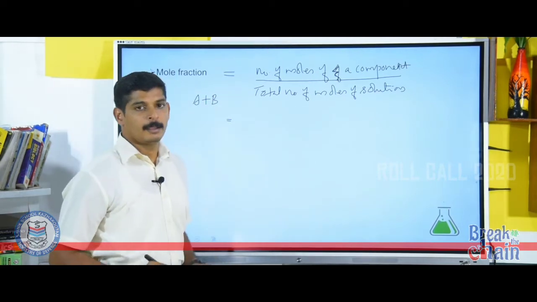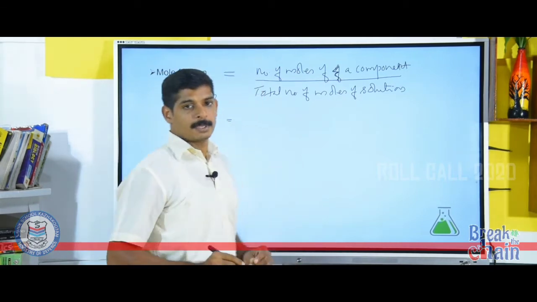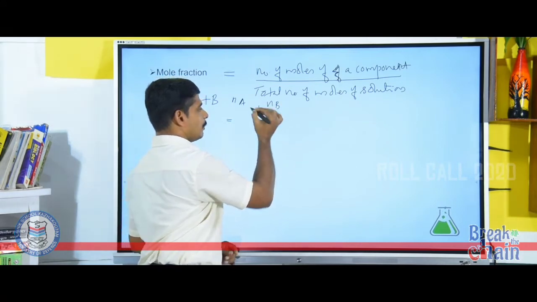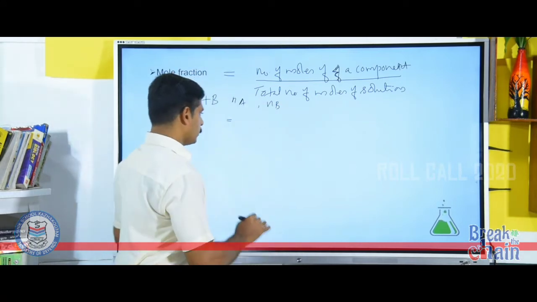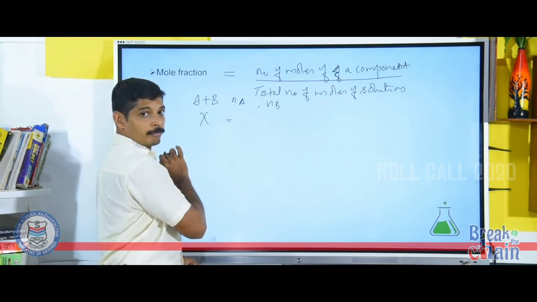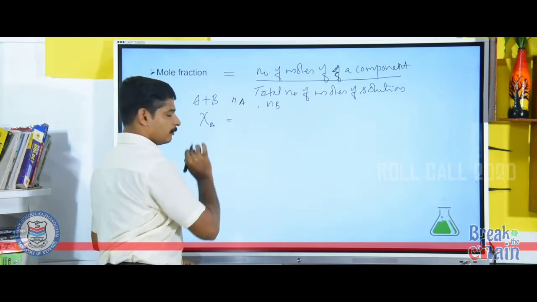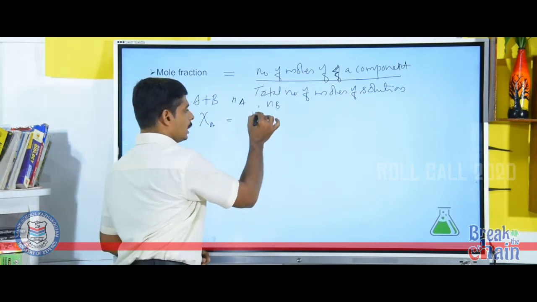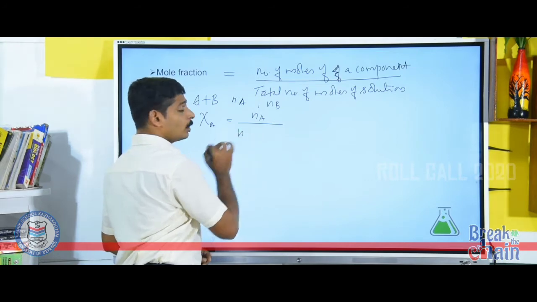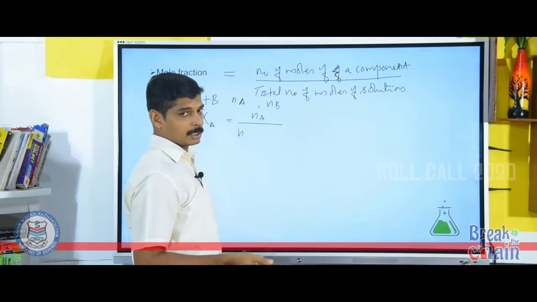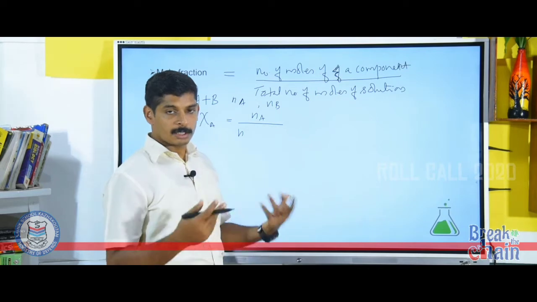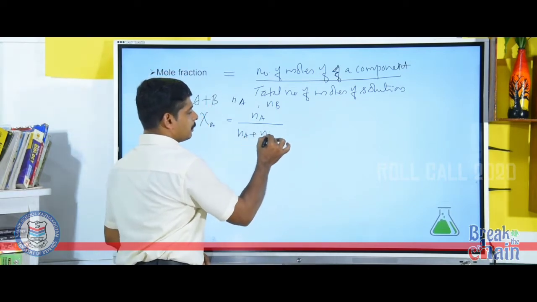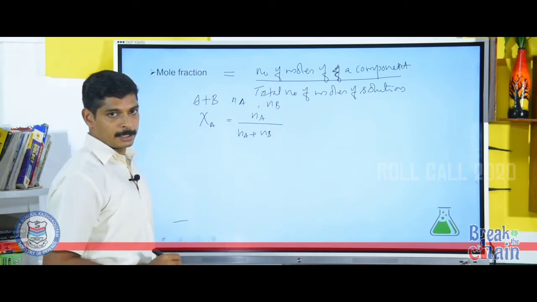Let Na represent the number of moles of A and Nb represent the number of moles of B. Then mole fraction of A, we represent using the letter X or chi, chi A is equal to Na divided by total number of moles of solution. The total number of moles of solution is the number of moles of solute plus number of moles of solvent, so we can write Na plus Nb. Is it clear? Na plus Nb.